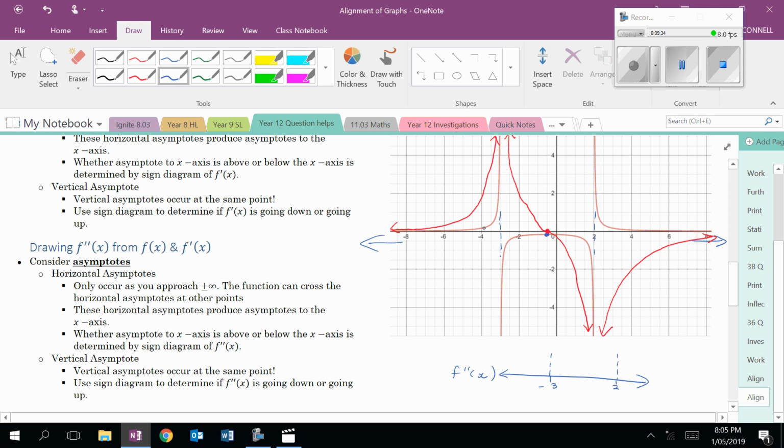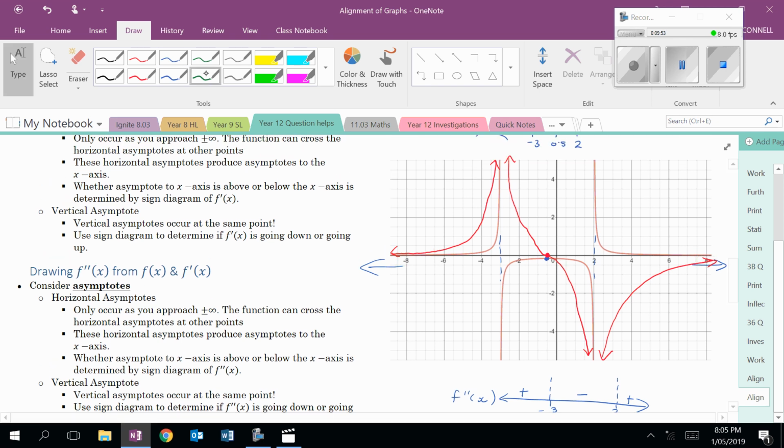So to the left of minus 3, it's convex all the time, so it's going to be positive. Then here it's concave all the time, then we're back to being convex all the time. So we again use our sign diagram.